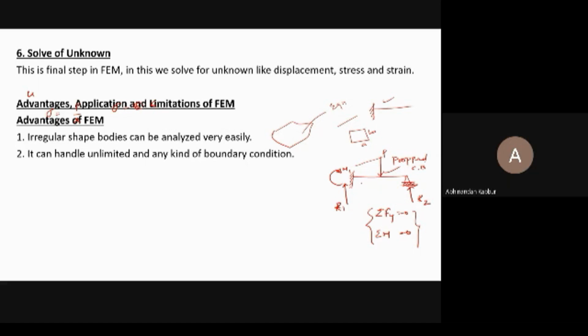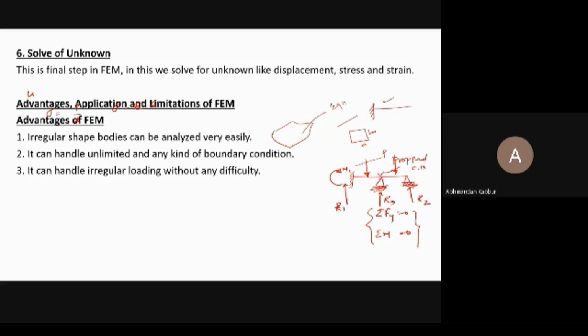Not only this problem, any other, for example, if I give one more support here, and if I apply one force here and one force here, even then FEM solves this problem, because I have 4 unknowns.